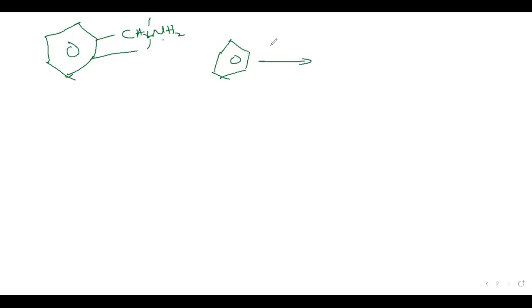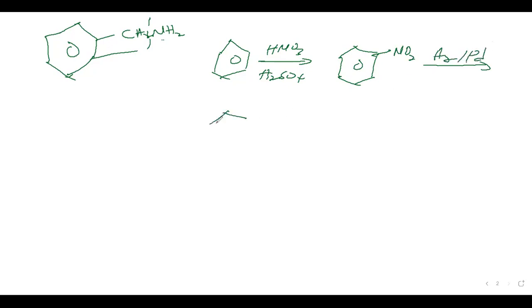Something like this: we need HNO3 and H2SO4 to put our nitro group on the benzene ring. After getting the nitro, we reduce it to aniline. After reducing it to aniline, we can then use NaNO2 in HCl.